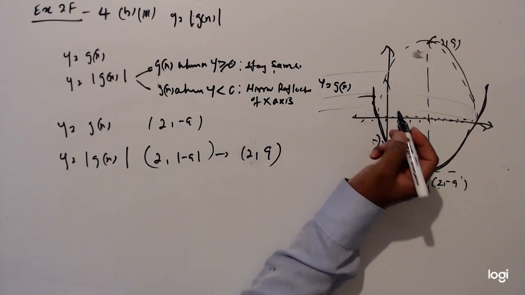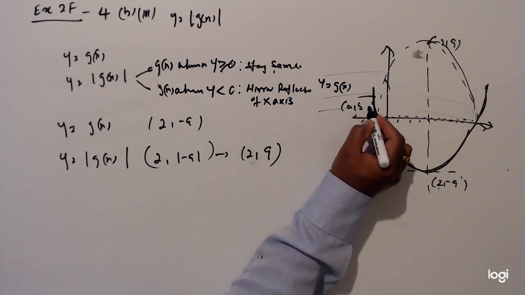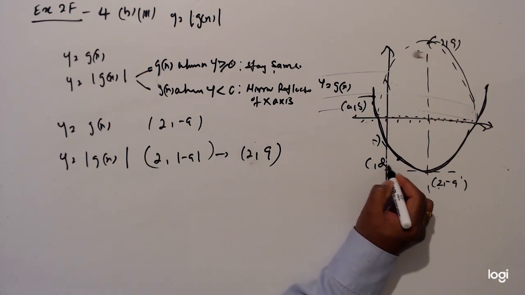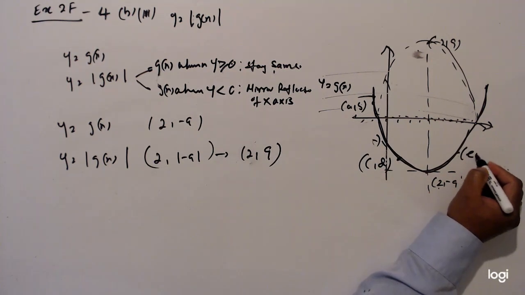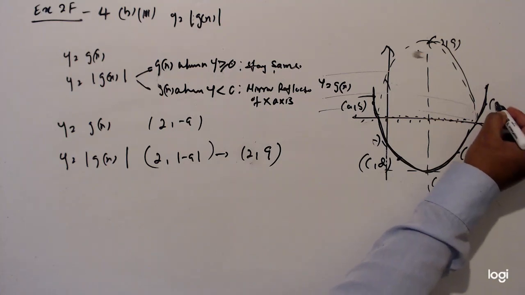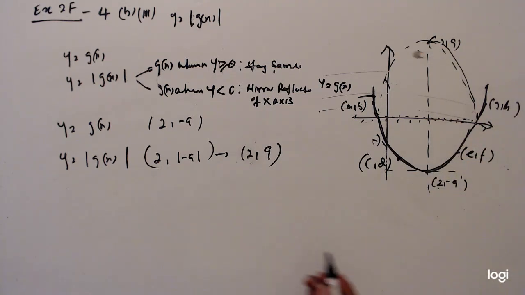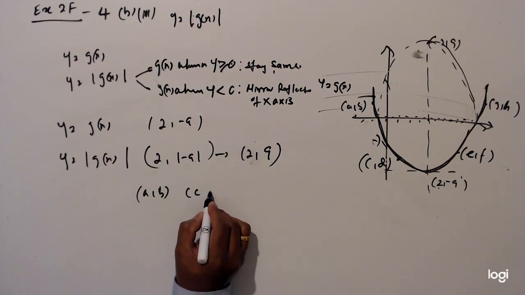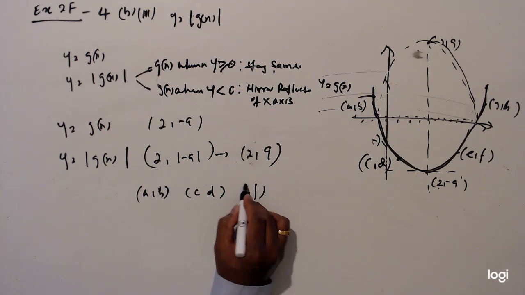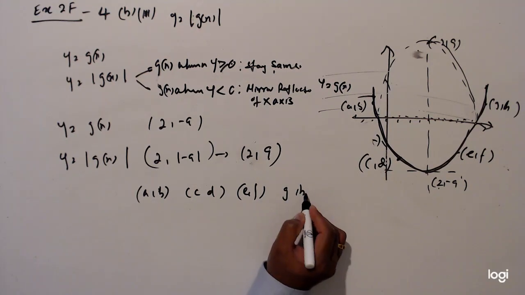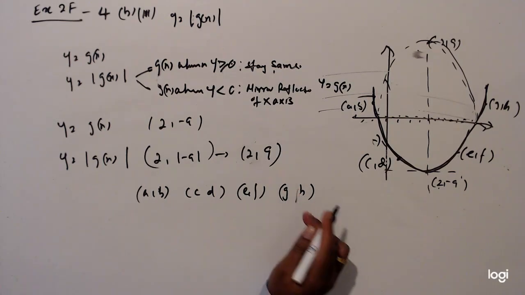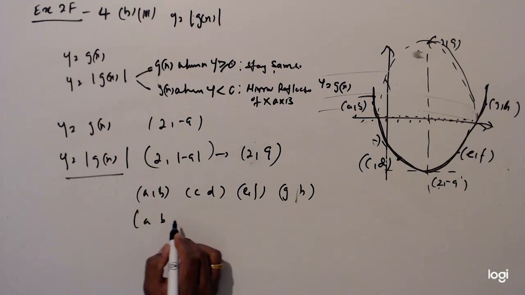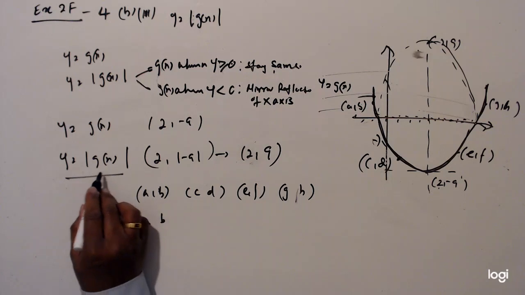Basically, let's say we consider these points A B, C D, E F, G H. Now when we take the mod value, we apply mod to the y value because it is affecting the y value.